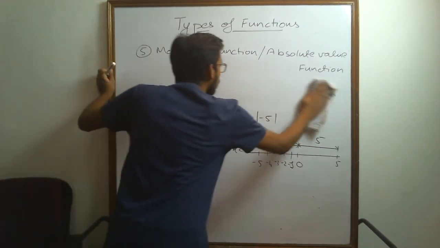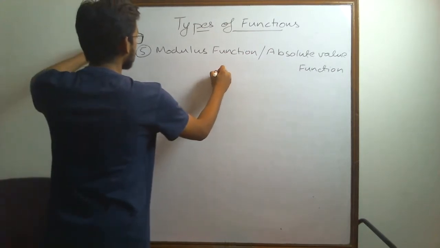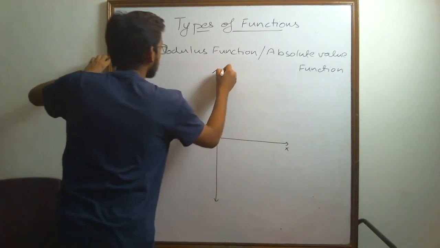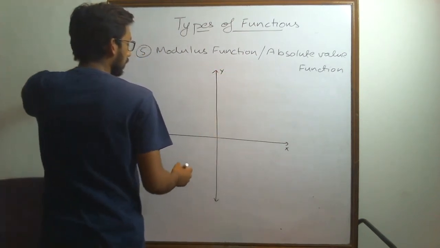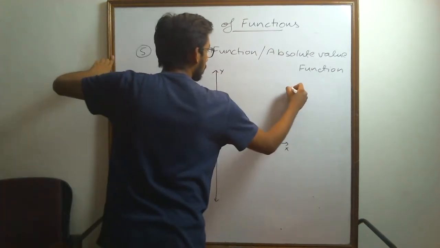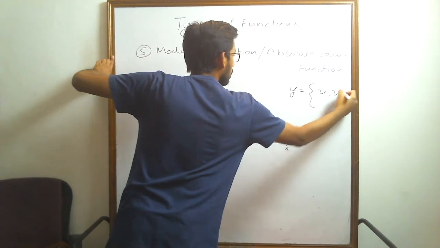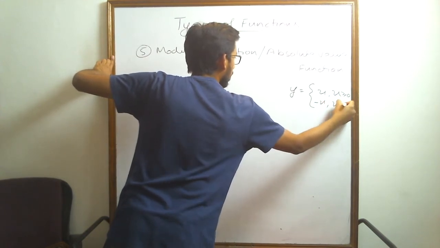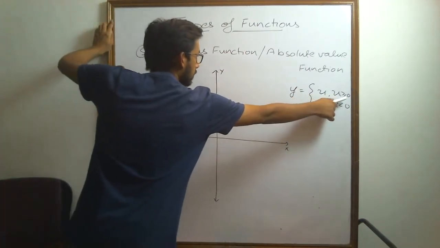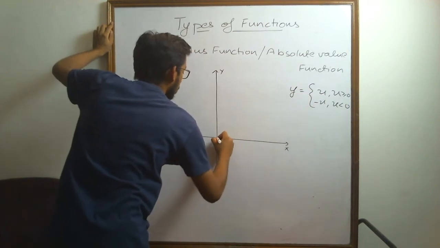Let's look at the graph of mod x. Now, for positive values of x, y is equal to x. Let's write it down here. And for negative values of x, it is equal to minus x. So, for x greater than or equal to 0, we will make the graph of y is equal to x, which is this line.